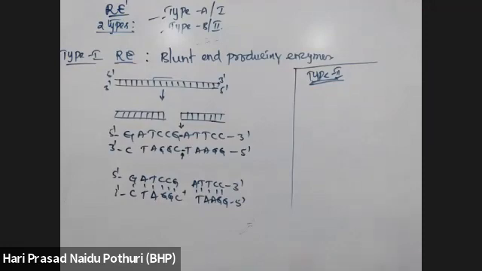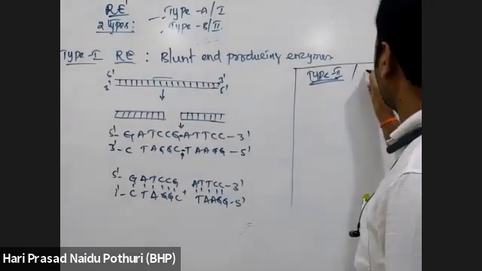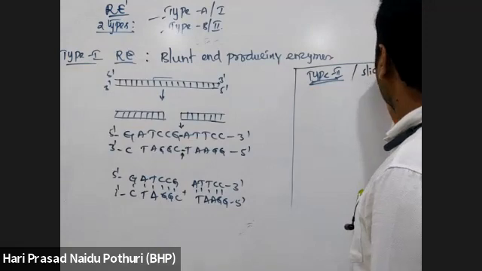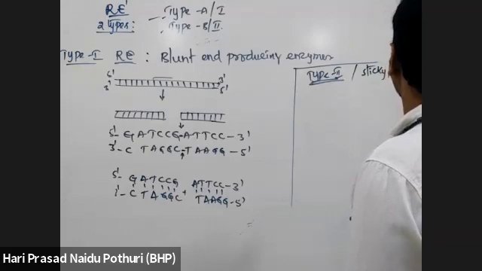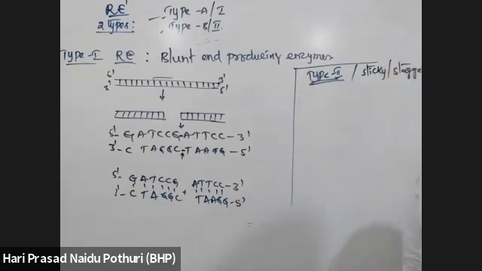Okay, what are these type 2 restriction enzymes? These are called sticky end producing enzymes, which are also called staggered cutting enzymes. Sticky ends are staggered cuts. What are these sticky cuts?